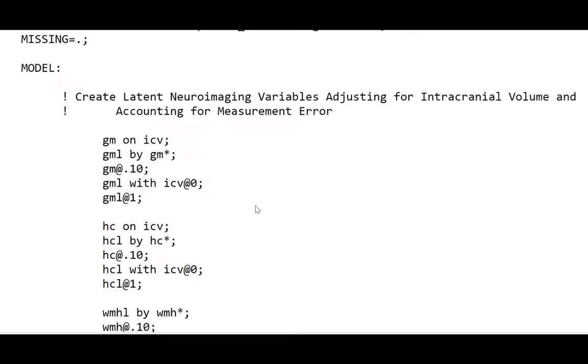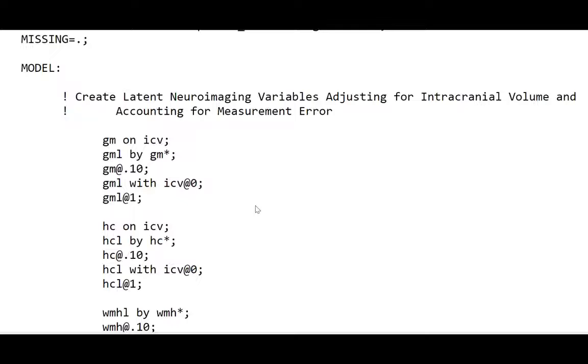In order to identify this model, I have to fix the variance of the latent gray matter variable at 1. And then this is setting the residual variance of the observed gray matter at 0.1. These are standardized variables, so they have a variance of 1.